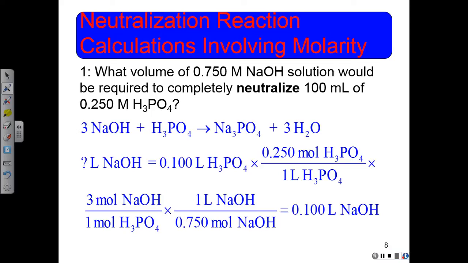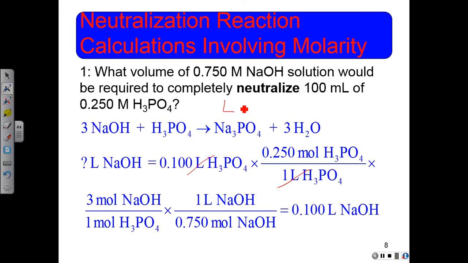From that point, we do our mole to mole ratio. We have moles of phosphoric acid up top, so we have to have moles of it on the bottom, and we have 1 mole for every 3 of NaOH. Last step, now we plug in our molarity, flipped upside down if you want to think of it that way, just like we've been doing, so that our moles cancel and we're left with liters.